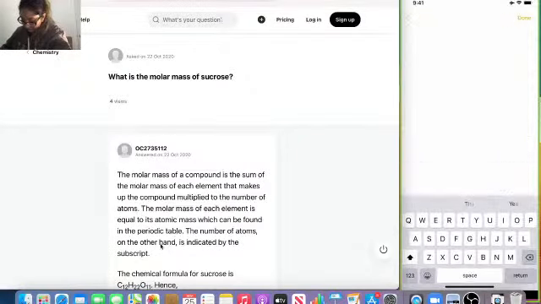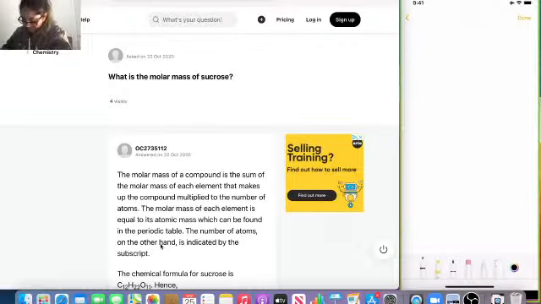Our next question says, what is the molar mass of sucrose? Sucrose. So sucrose is a type of sugar. And so to find the molar mass of sucrose, we need to know its chemical formula.